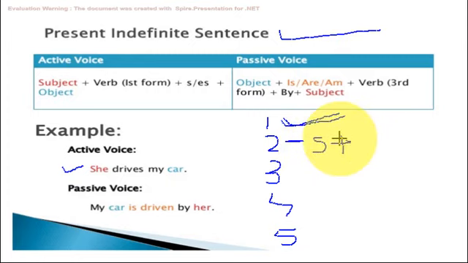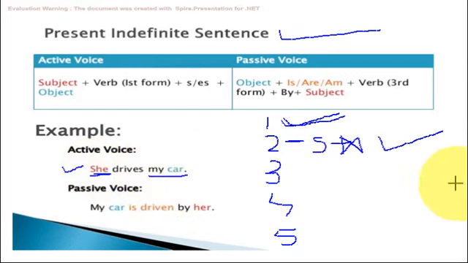Here, subject becomes object and object becomes subject. Now you understand what I mean by interchange of words. Subject becomes object and object becomes subject. Now see, for example, here she is the subject and my car is the object.